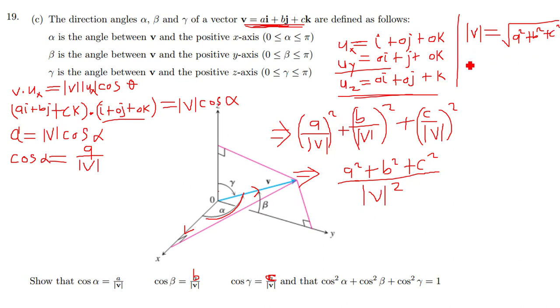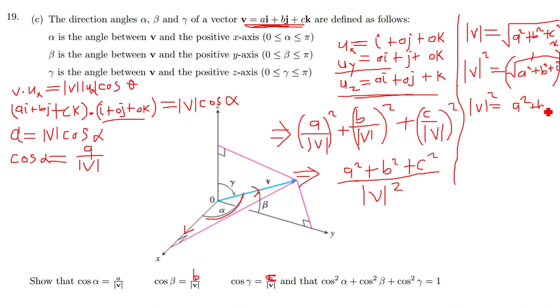If we square the magnitude of v, the square root cancels with the square, meaning you're just going to remain with a squared plus b squared plus c squared.